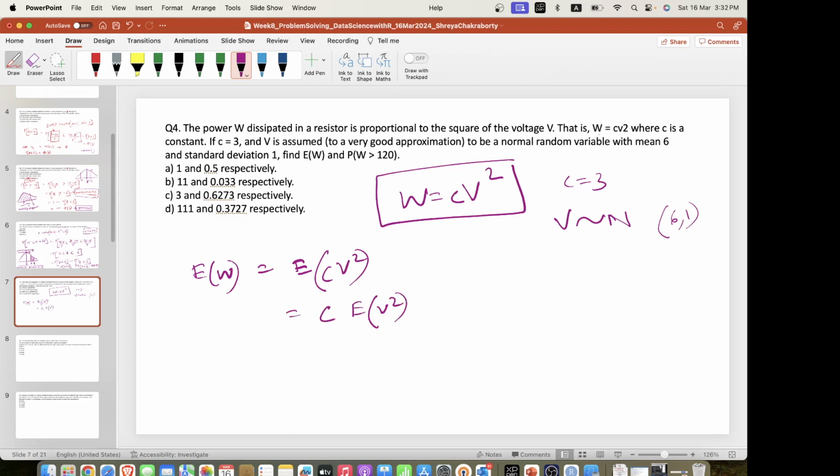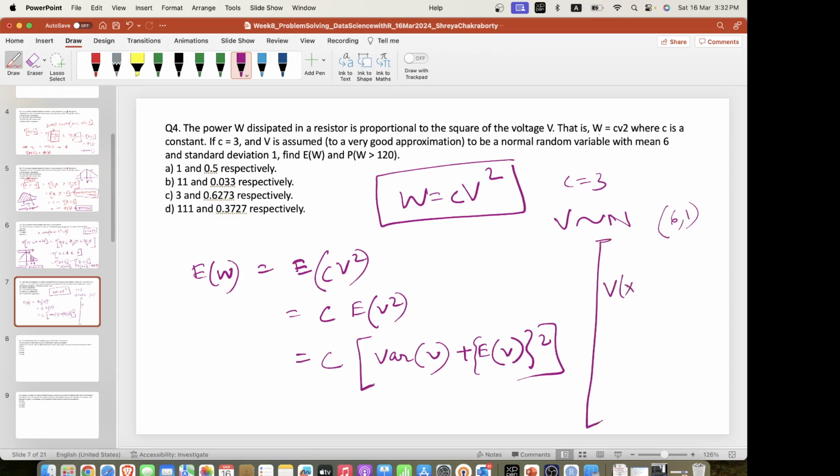This means C times (variance of V plus expectation of V whole square), because variance of X is expectation of X square minus expectation of X whole square.